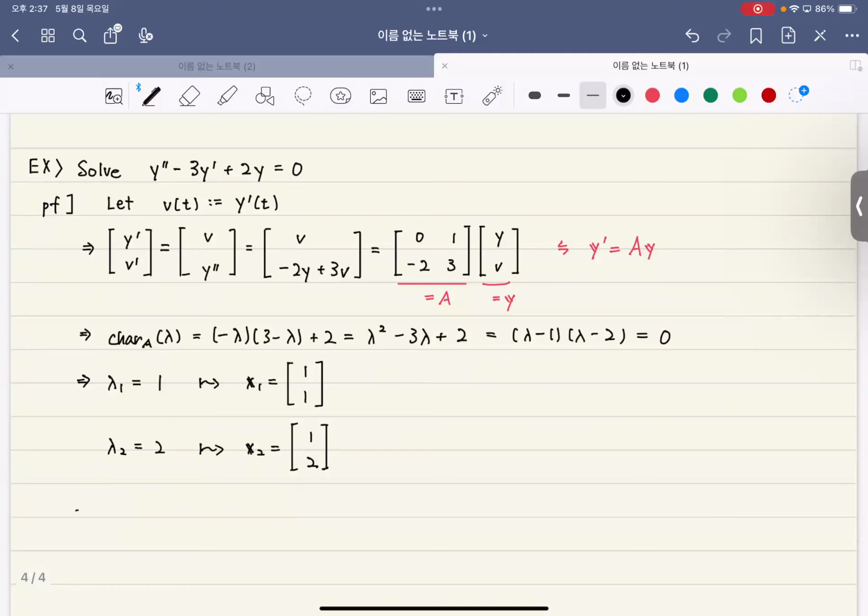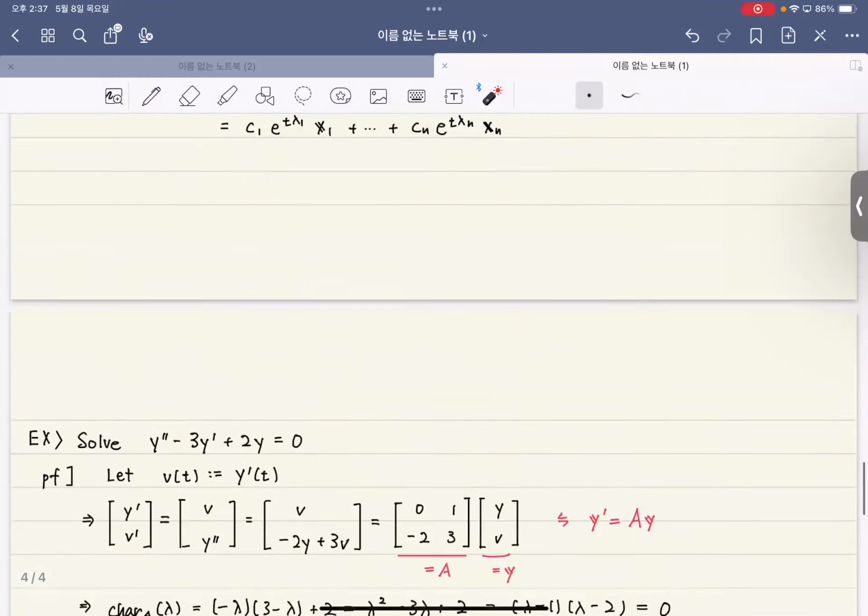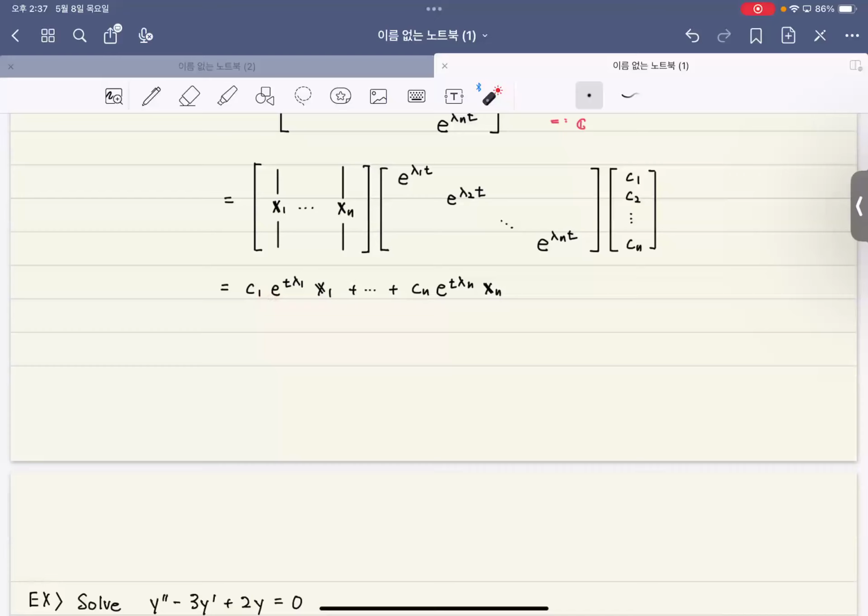So the solution y and v is, according to theory, some constant times e to the t times eigenvalue times eigenvector.